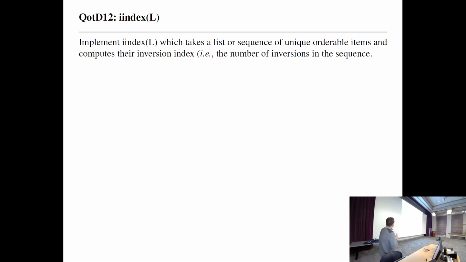All right, so question of the day 12, which was due today: inversion index, which takes a list or sequence of unique orderable items. Obviously a sequence is orderable, but I put orderable in to remind you what that means. Unique means that we don't have to worry about multiple copies of the same element. Think deck of cards, not random numbers that might repeat.